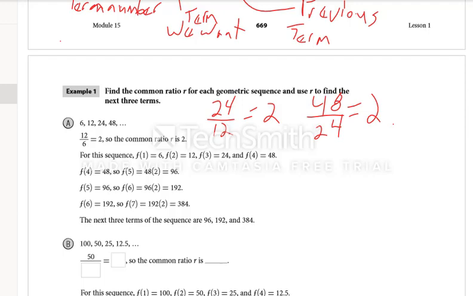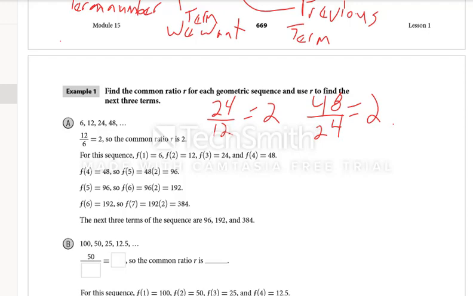It's a common ratio, so it should be the same every time. So for this sequence, f of 1, our first term, is 6. f of 2, our second term, is 12. f of 3 is 24, and so on. So if we want the next 3 terms, we have the first 4, we want the 5th, 6th, and 7th.